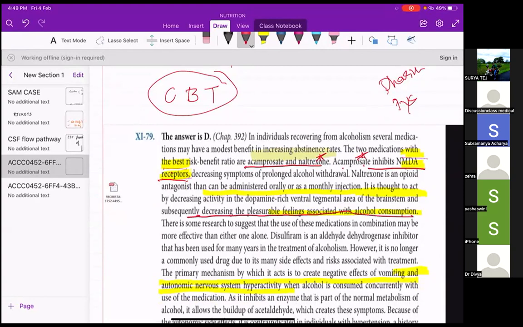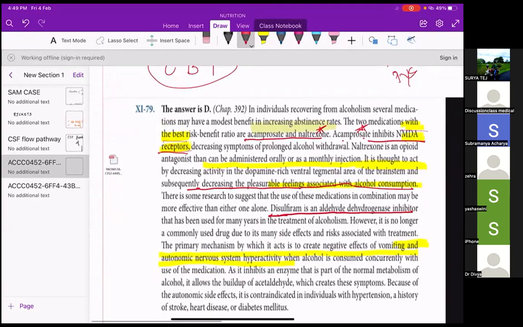Disulfiram can be used. It is an aldehyde dehydrogenase inhibitor, and in this patient we are not using it because, see, the primary mechanism by which it acts is to create negative effects of vomiting and autonomic nervous system hyperactivity when alcohol is consumed.